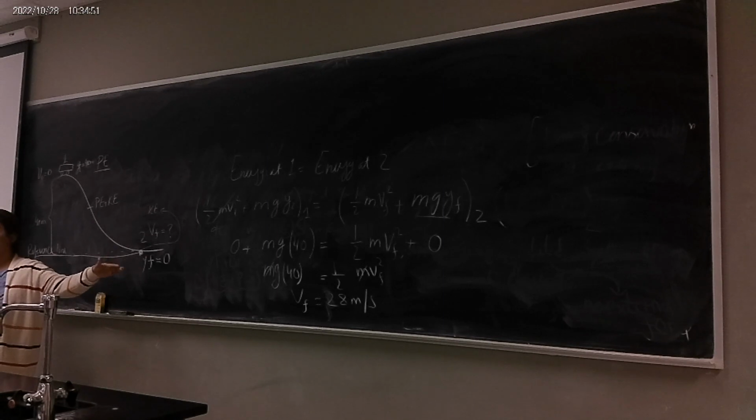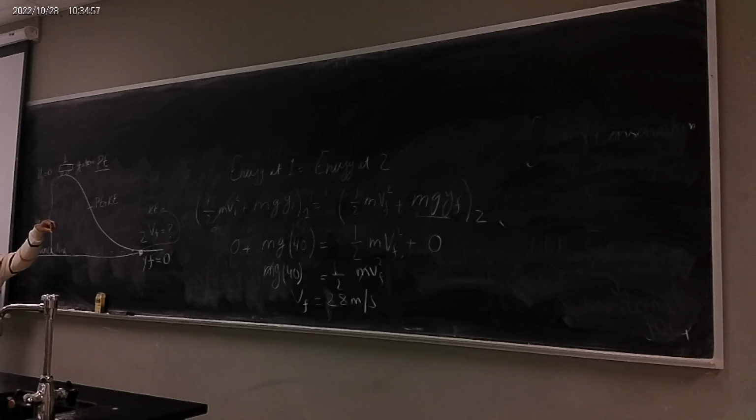Probably the velocity will be lower than what it is right now, because some of the potential energy would go into heat or doing work against friction, and only some would go into kinetic energy. So the kinetic energy cannot have the same value as this one. It will have a slightly lower value because of energy being wasted on the way.